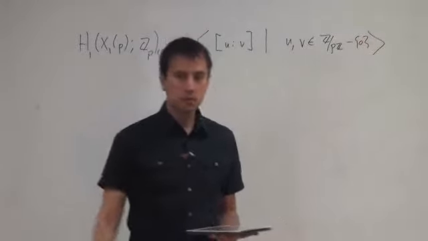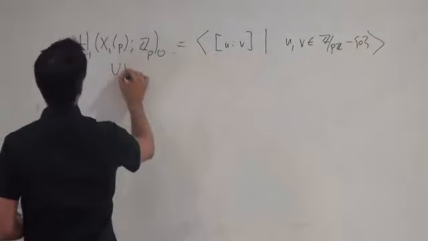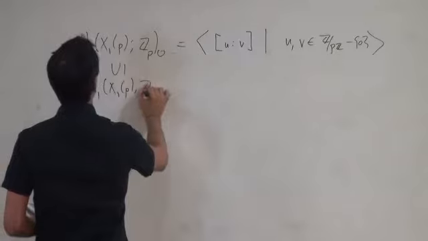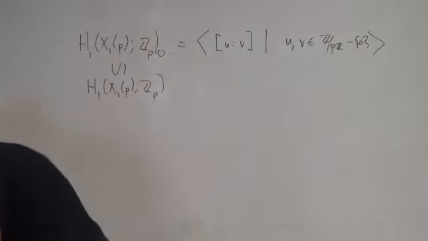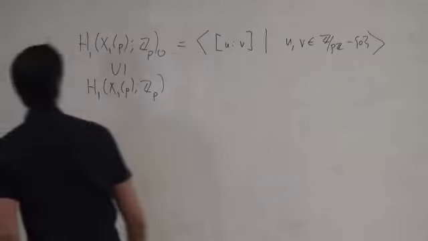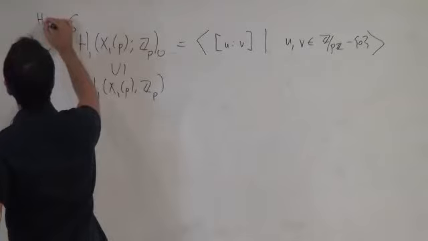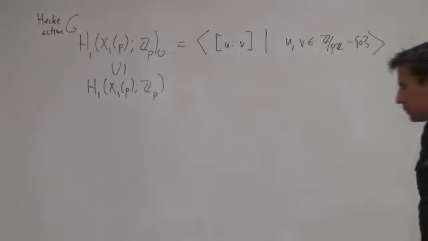This actually contains the usual H_1, and it's contained, of course, in homology relative to the cusps. This is preserved by the Hecke operators, so we have Hecke action here, and we're good.